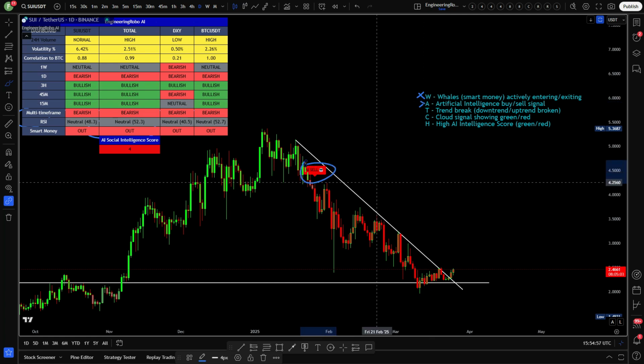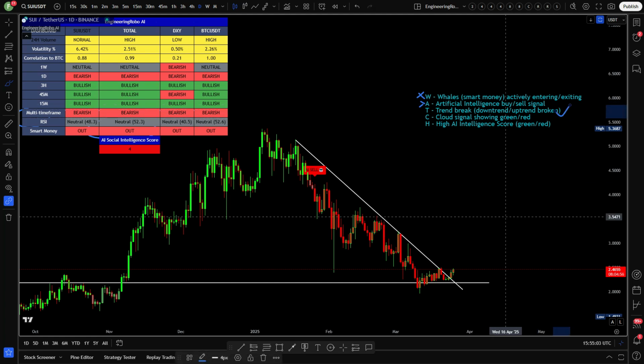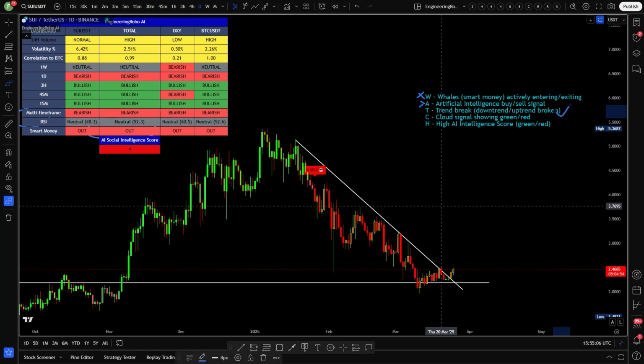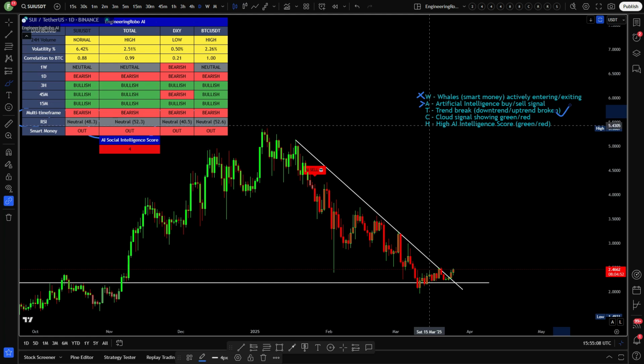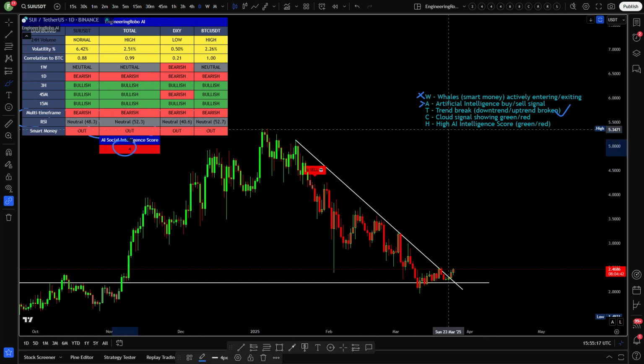This sell signal is still in play. In terms of a trend line break, I can say that we do have a confirmed trend line break. We discussed those at the top of the video. I'll come back to the cloud signal in a moment. The H stands for a high intelligence score. Currently it's in red and currently it's 4. So that is a no on that one.